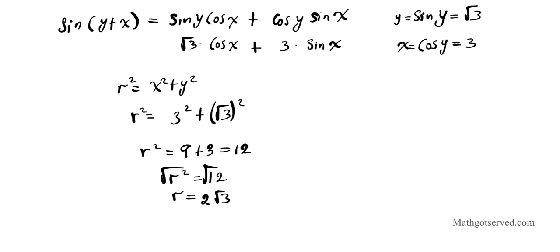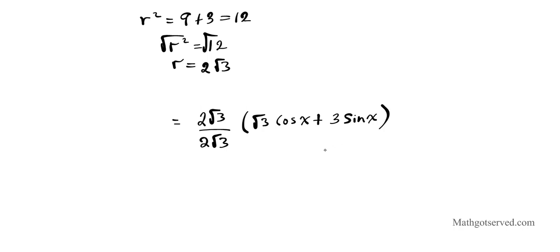Now I can multiply the function by 2 root 3 in the numerator and the denominator without changing it. So 2 root 3 over 2 root 3 times root 3 cosine x plus 3 sine x.